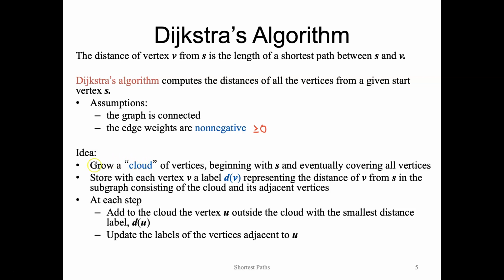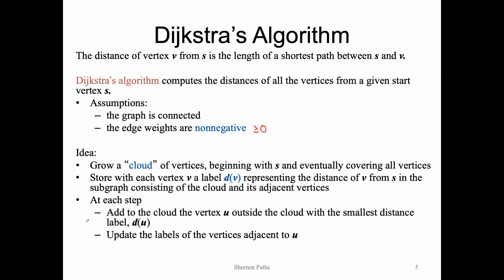So we'll store with every vertex a distance label. So vertex V has distance label D, which represents the distance of V from our starting vertex S. Now we'll update this as we go along if we find a better way to get to V. When we're finished with Dijkstra's algorithm, we'll have appropriately set the distance label of all vertices and maintain a shortest path tree rooted at vertex S. And at each iteration of Dijkstra's algorithm, we'll add a vertex to the cloud.